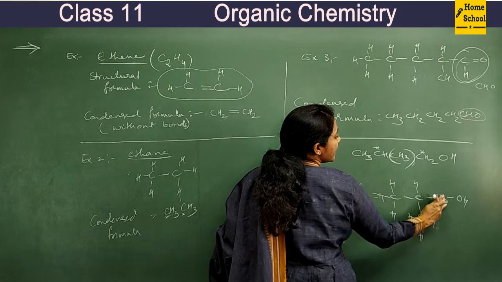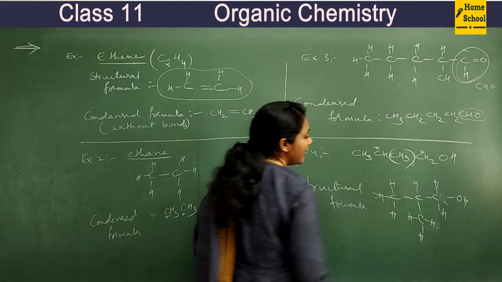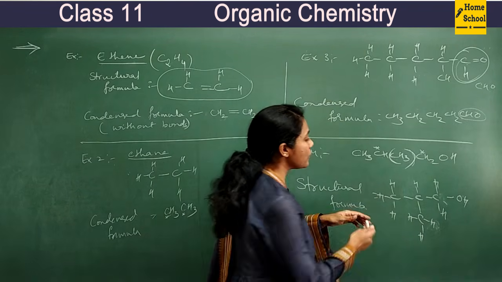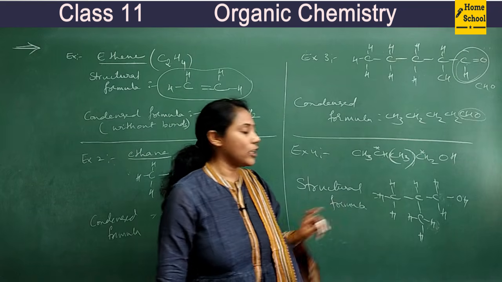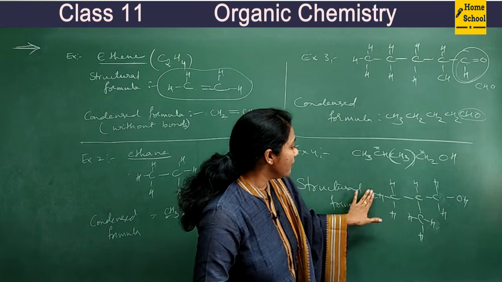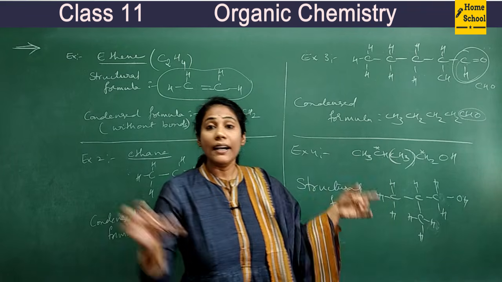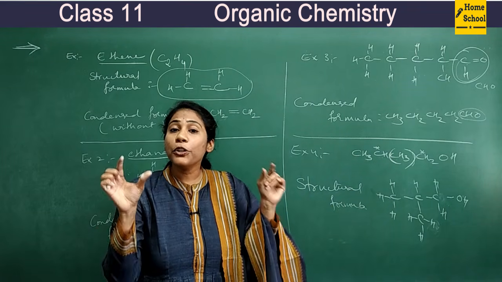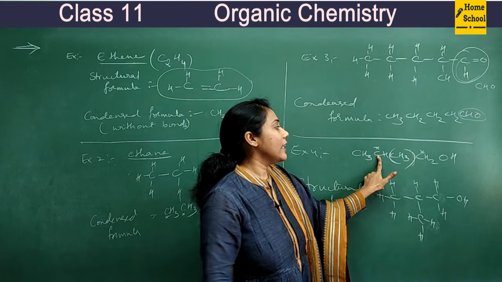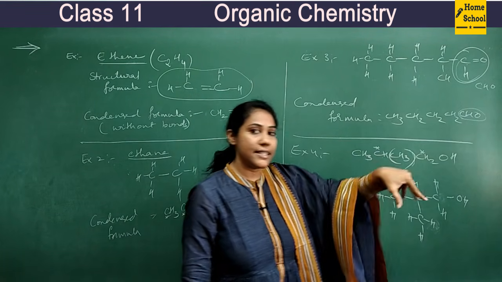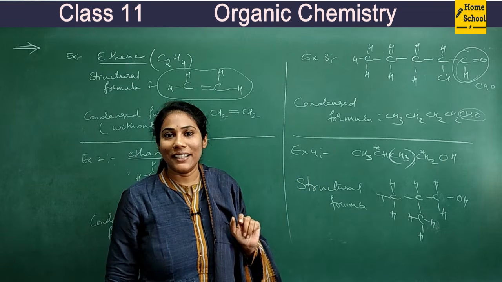And this CH2, these hydrogens also I'll expand. H, H. This was the condensed formula I gave you and I have written it into a structural formula. So this is very, very important. When something is there in a bracket, understand that that group is a branch to the left side carbon, not to the right side carbon.